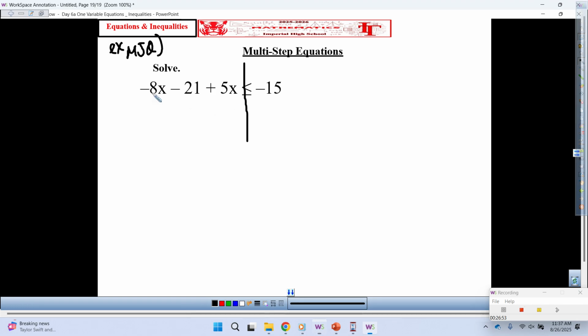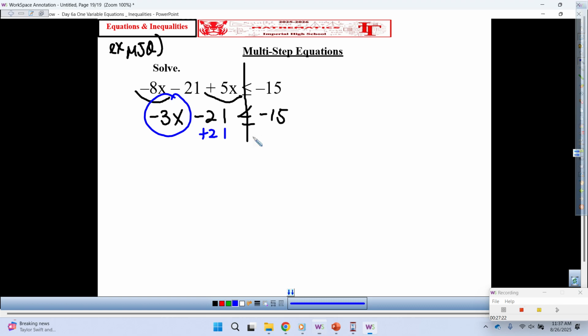Can we simplify the left side? Yes. What is negative 8x plus 5x? That's negative 3x. Bring down the negative 21, minus 15. Now we need to leave the x by itself.